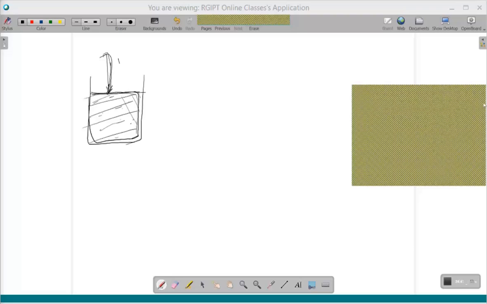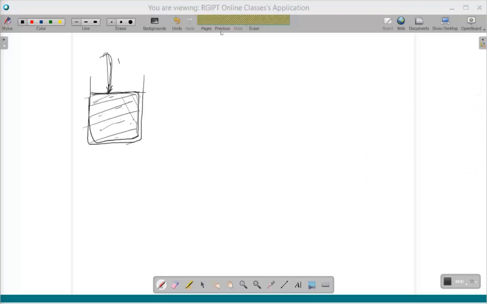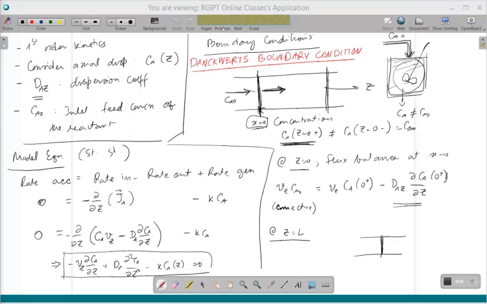Anand, again at x equal to 0, what's happening? Let me know which step or logic you did not understand.